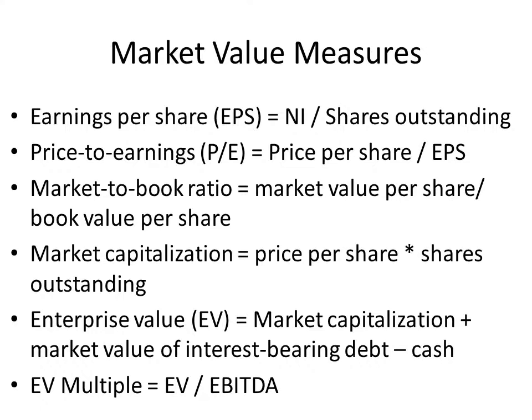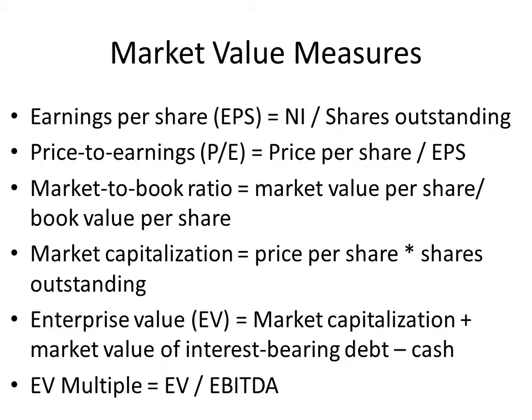Typically, we see the PE ratio for the S&P 500 being somewhere around 14, perhaps sometimes as high as 20-something, depending on how things are going in the market. But it's the price per share, the price that people are willing to pay for a dollar of future earnings. Now, why are people willing to pay more for a dollar of earnings from some companies than they are from others? The simple answer is growth, but we'll show you the derivation of that later in the semester.